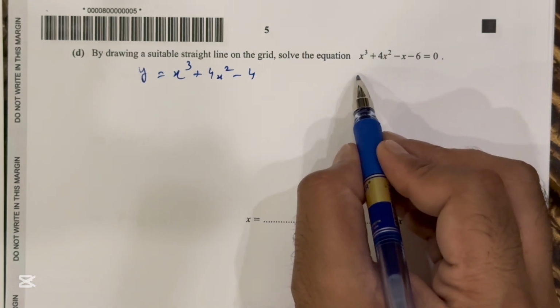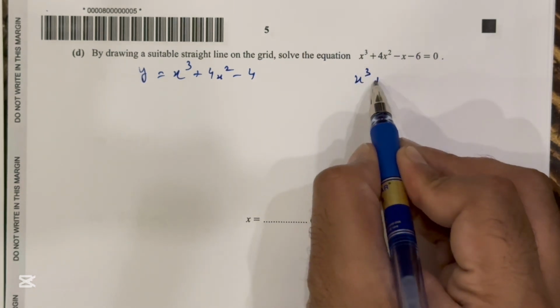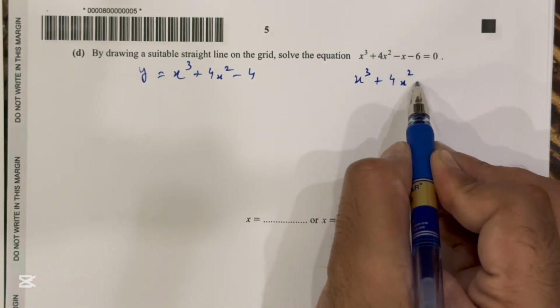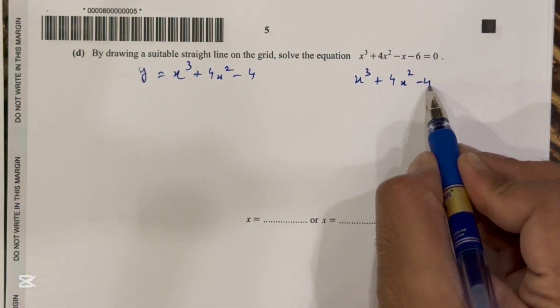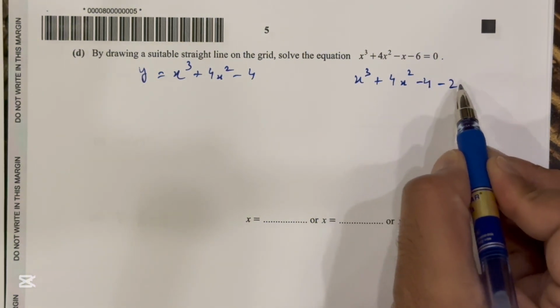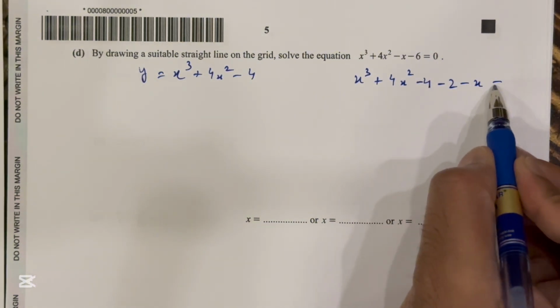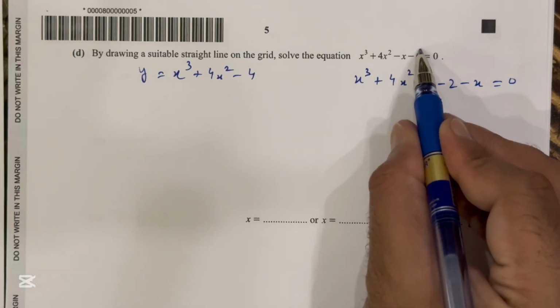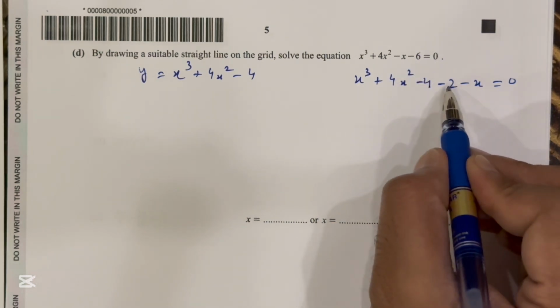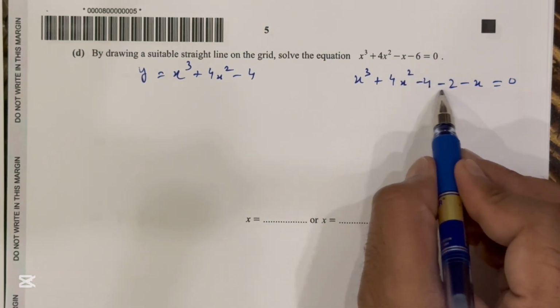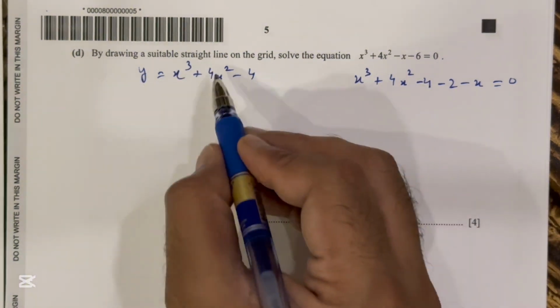If you look at this value, x cube plus 4x square, now you can break -4 into -6 and 2, and you can add -6x over here. I have broken the -6 into -4 and -2 to substitute this value.